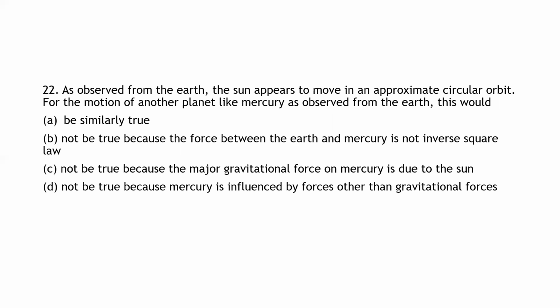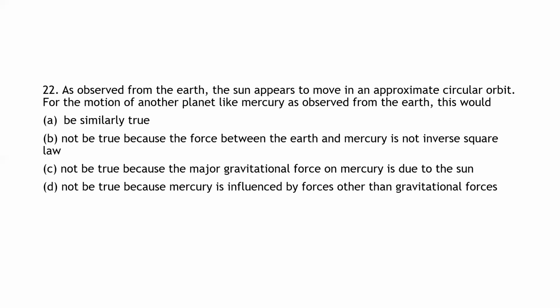So what they have said is, as observed from the earth, the sun appears to move in an approximate circular orbit. For the motion of another planet like Mercury, as observed from the earth, this would. So what happens here?